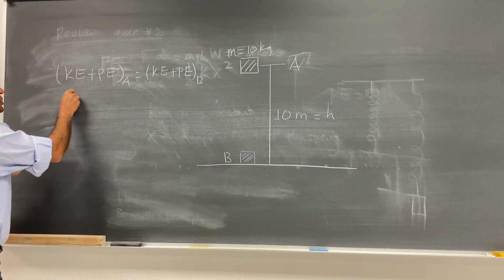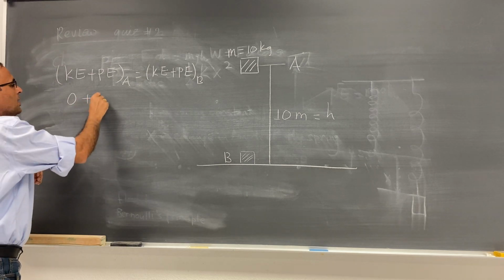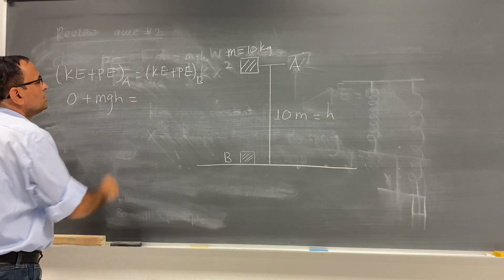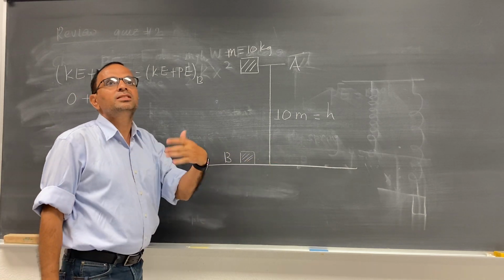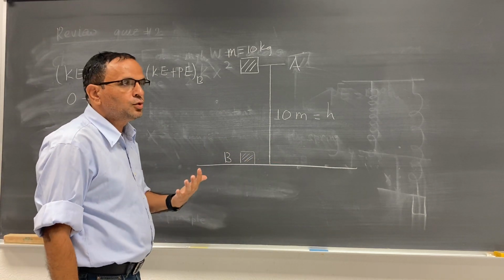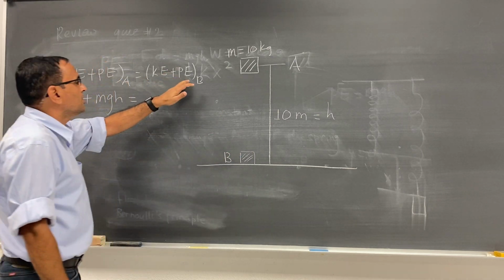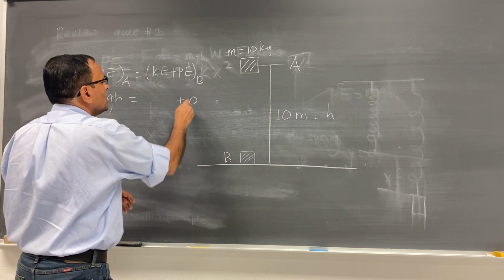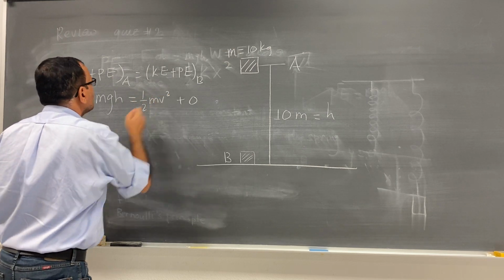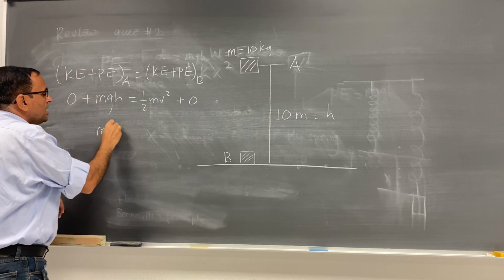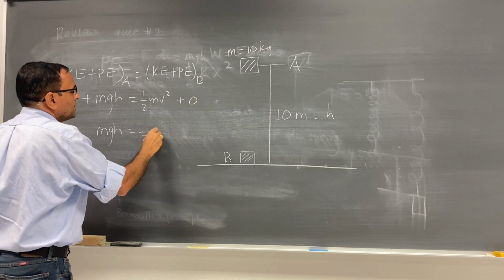The potential energy is mgh. At point B the height is 0, because it is very close to the ground, so the potential energy is 0, but the kinetic energy is 1/2 mv squared. So mgh equals 1/2 mv squared.